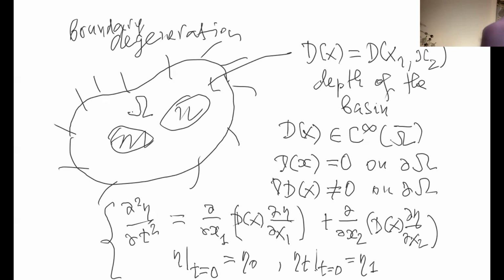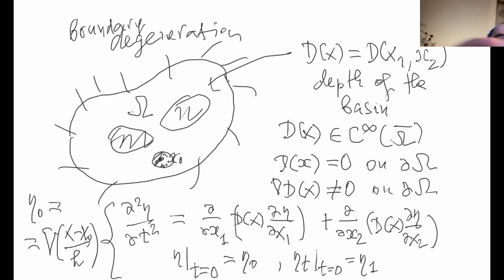Well, and if the initial data looks something like that, you take some point x naught here, a small neighborhood of x naught, and eta 0 is some function v of (x minus x naught) over h. Eta 1 is, say, 0, and v is a function rapidly decaying at infinity and maybe compactly supported.